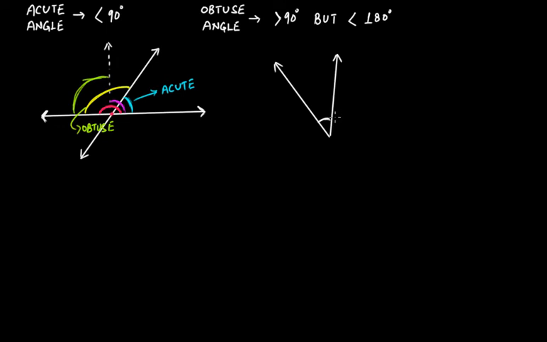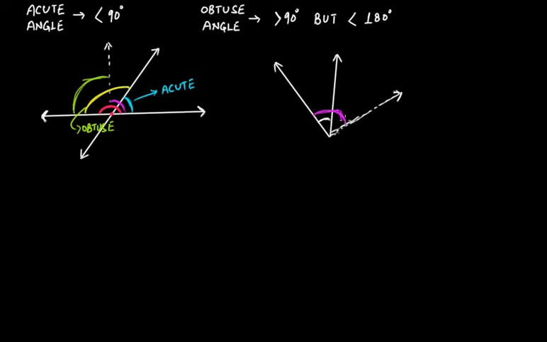If this ray would have passed like this, making a perfect L, then this would have been a right angle.